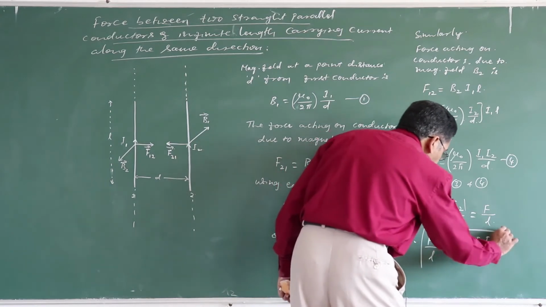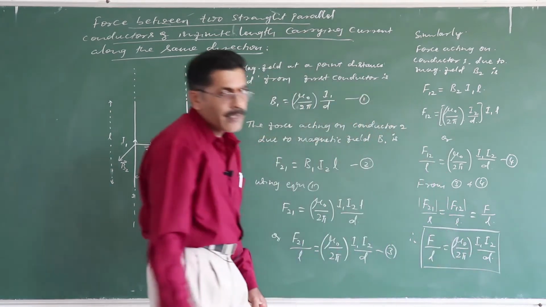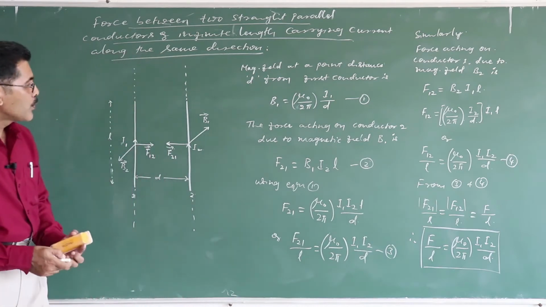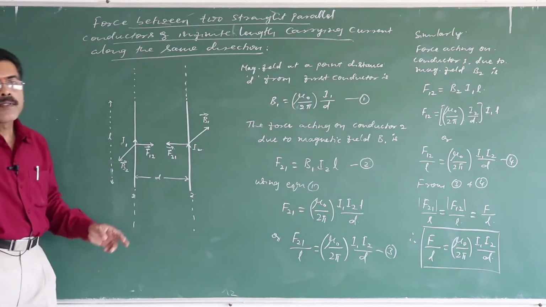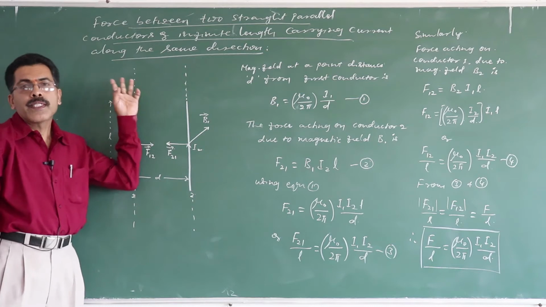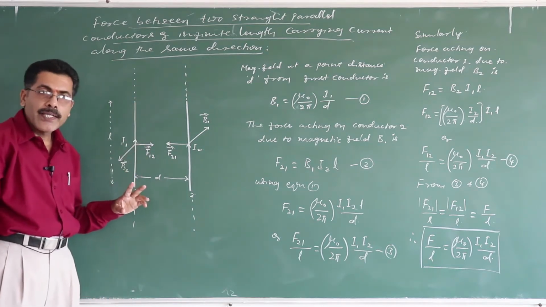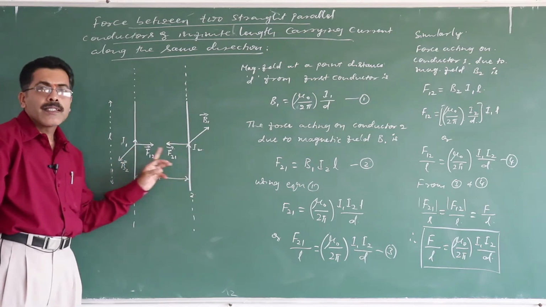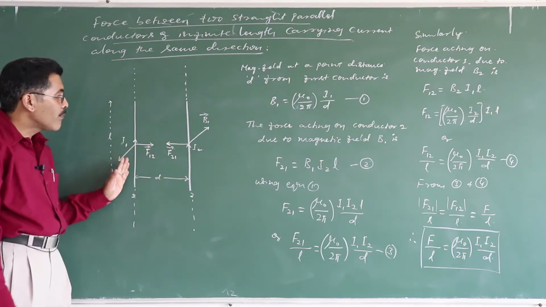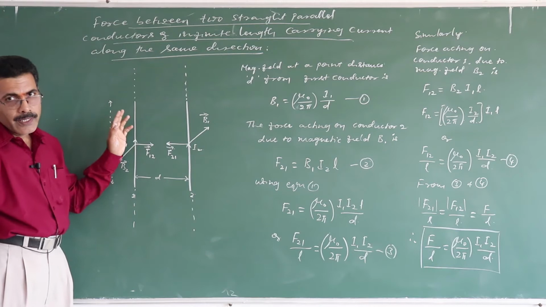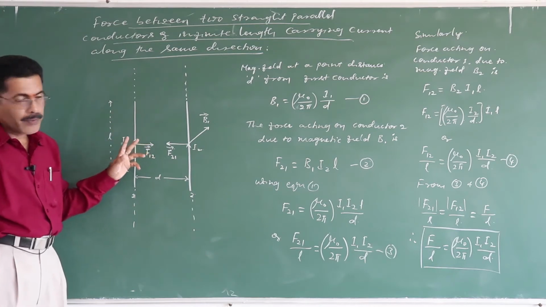This is the force per unit length acting on two straight parallel conductors carrying current along the same direction. From the diagram, you can find that these two conductors attract each other. If the current flows along the same direction, the conductors will attract each other.